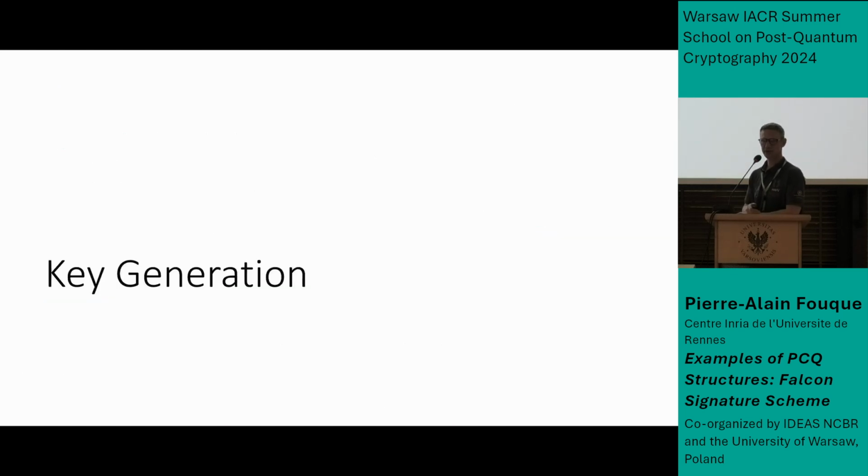So what is the main ingredient for the key generation? Both the key generation and the improvement for the Gaussian sampler reuse basically the same kind of idea, and this is exactly what we try to explain.